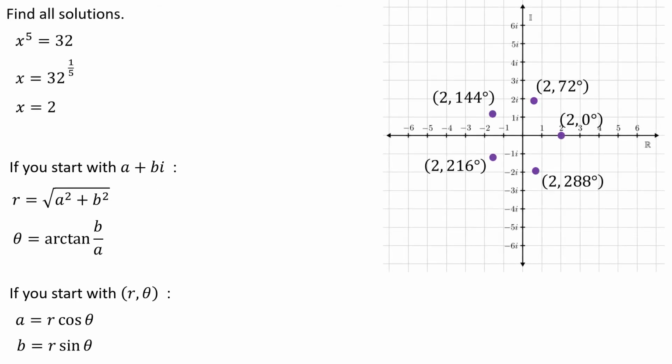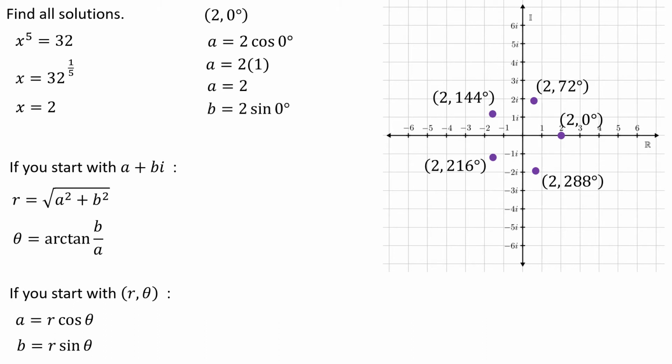So if those are my 5 solutions, I can quickly transform them back. Of course, 2 comma 0 degrees, I don't need to change at all, right? Cosine of 0 degrees, of course, is 1. So we really do get 2.